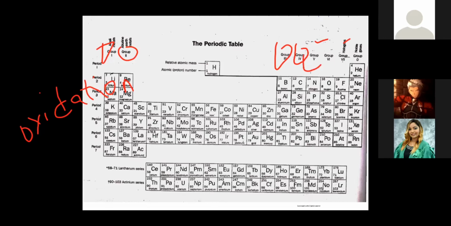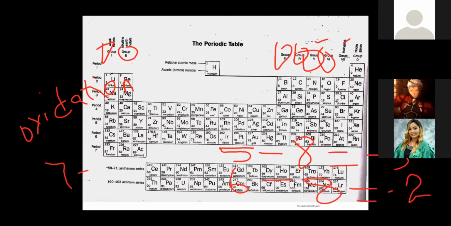Let's say you're looking at 5. You take the group number, which is 5, and you minus it by 8, and you get minus 3. For 6, you minus it by 8, you get minus 2. And for 7, you minus it by 8, and you get negative 1. Group 0 has no oxidation state, because like I said, they are bonding with nobody.